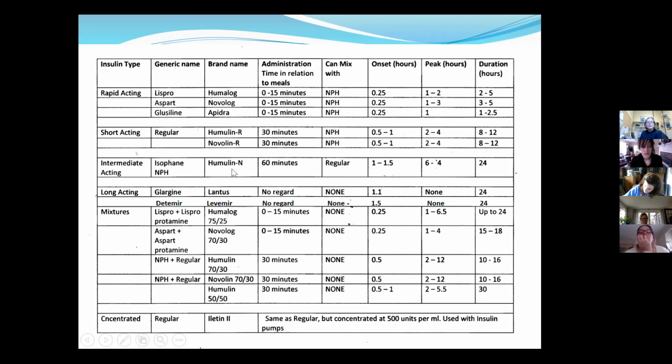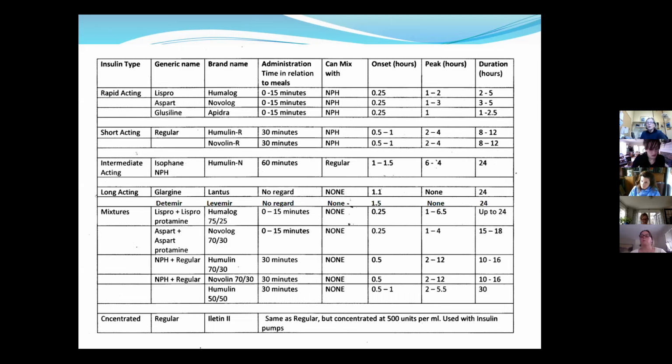With intermediate, where its onset is at approximately an hour to an hour and a half, we want to make sure that the patient is going to be eating in that next hour to an hour and a half. Because as the insulin takes effect, we need to make sure that there is blood glucose.